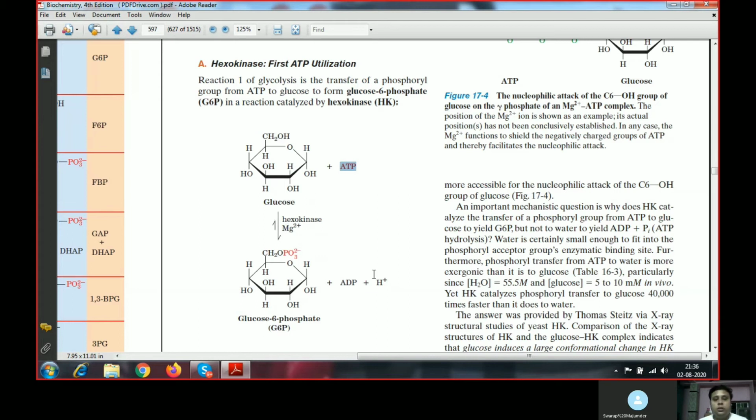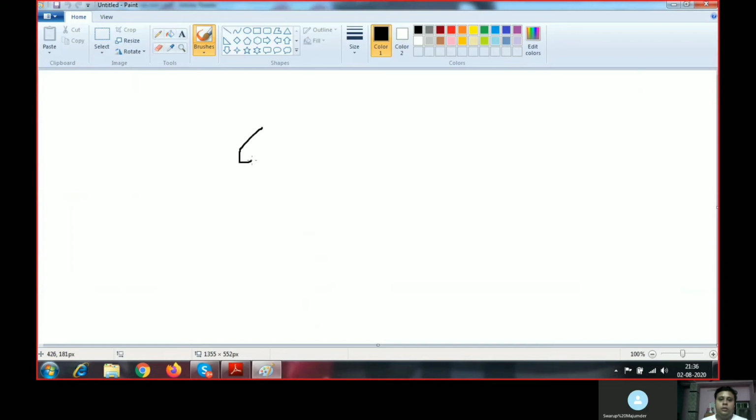So why are we questioning this? Because water is certainly small enough compared to the glucose molecule, right? If you compare glucose and a water molecule, glucose means C6H12O6.